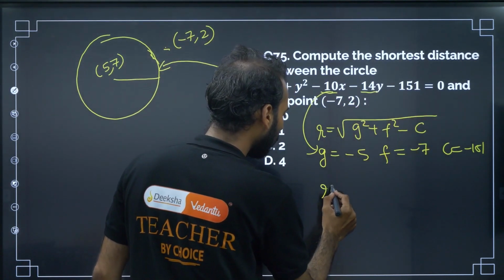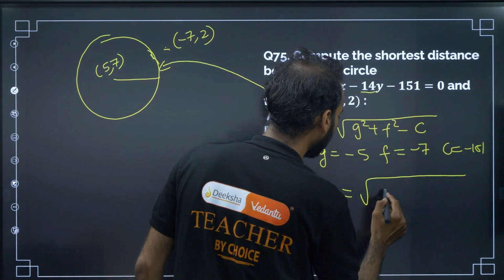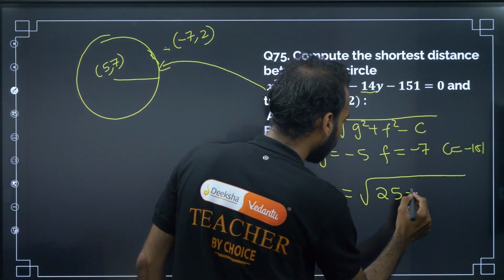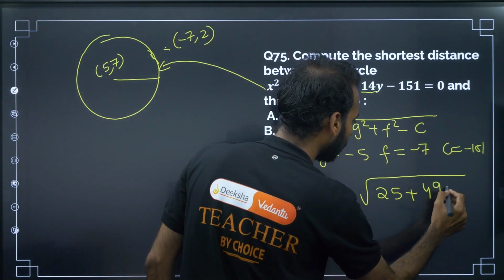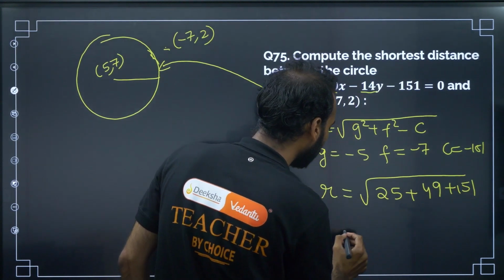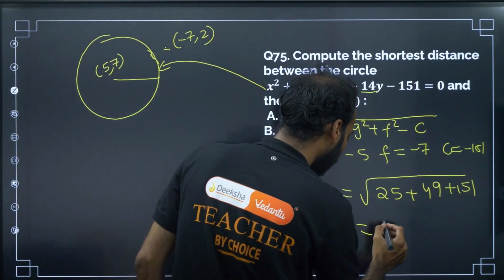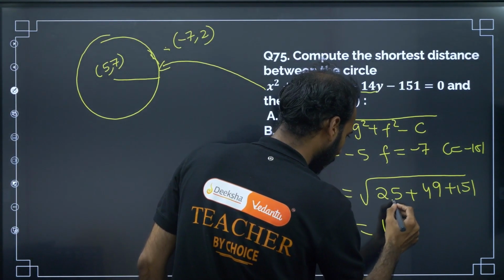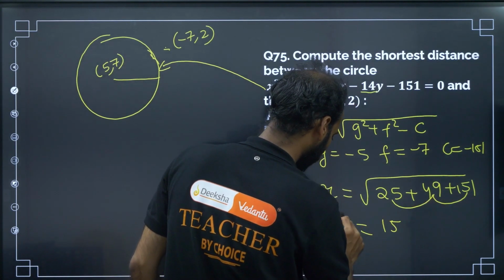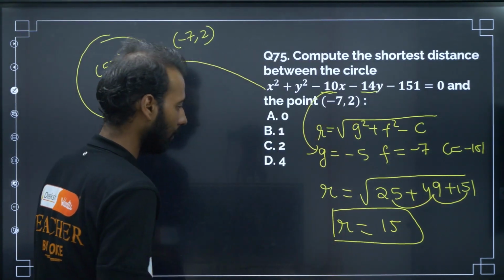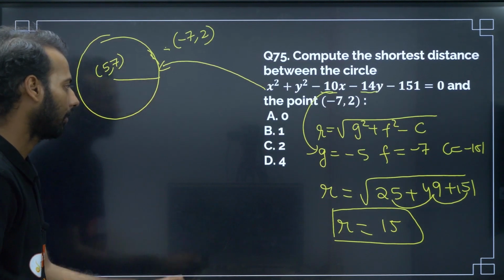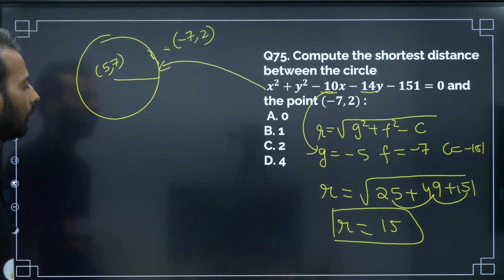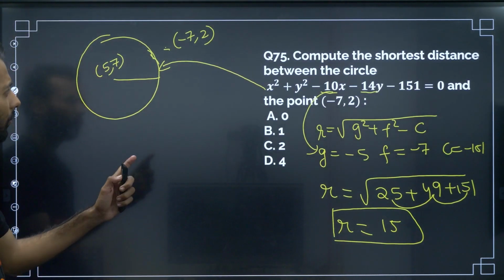So radius is root of g square plus f square minus c, 25 plus 49 plus 151. So radius is 15, and the point is minus 7, 2.